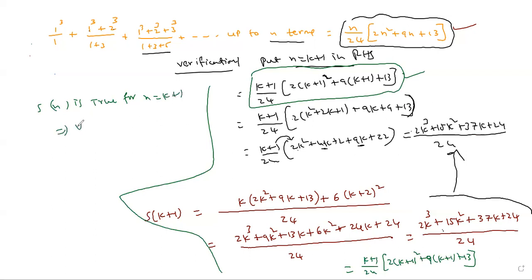That implies for all n belongs to N, S of n is true. Okay? For all n belongs to N, S of n is true. Very easiest method. The question is a bit lengthy, but easy to solve. Practice once, you can get clarity.